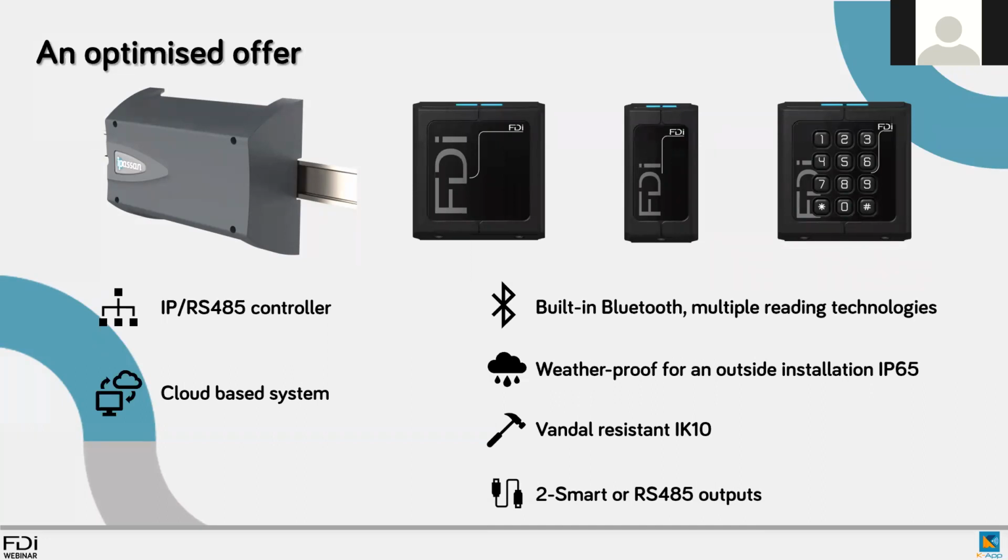our readers and our reading range, is that you have two possibilities, by offering two smart outputs for the readers, which offer all the advantages of our own bus, which is two wires. You have the possibility to update the reader's memory.